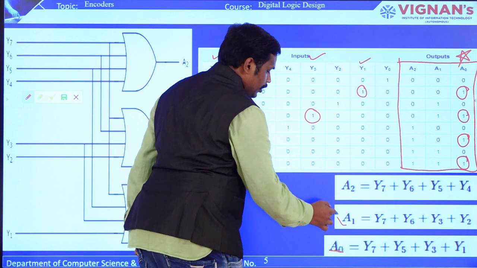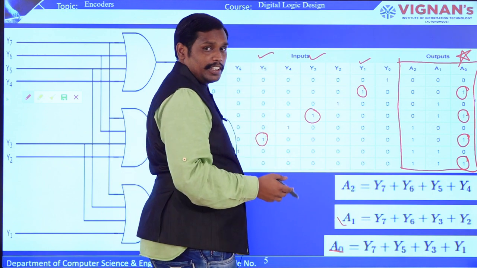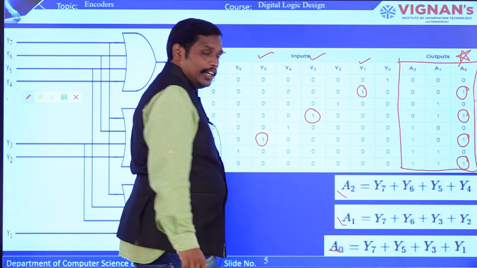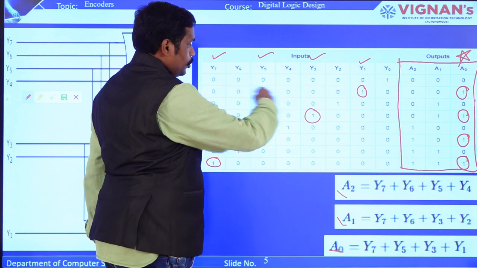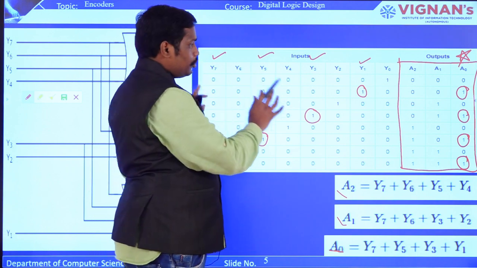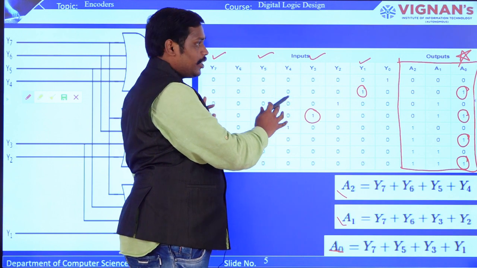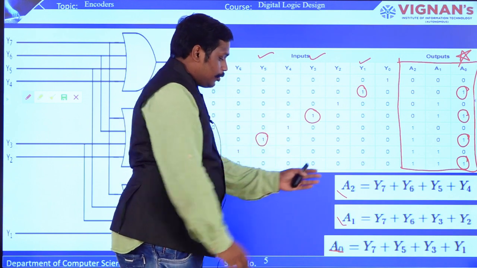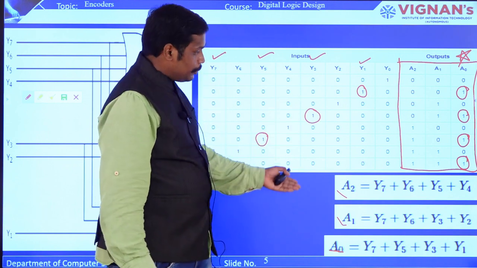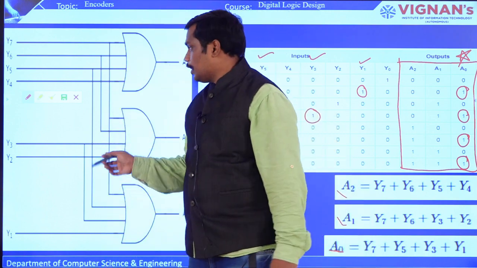In the same way, the Boolean expression is derived for A1, as well as for A2. So I hope this is clear. So this is how the truth table is generated for the 8x3 encoder, and for that you have generated Boolean expressions. Based on these Boolean expressions, you are going to have a circuit.